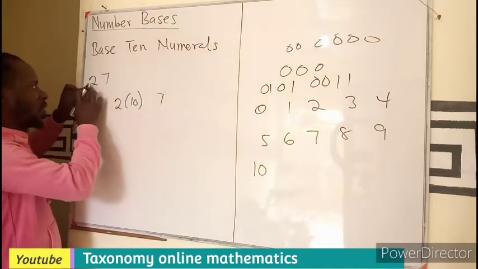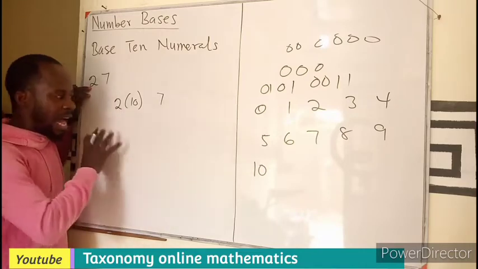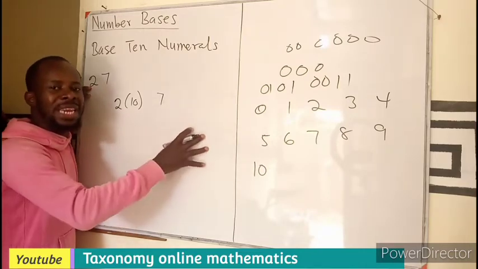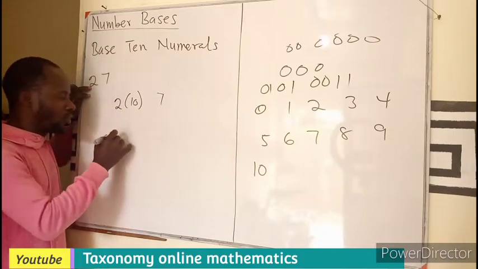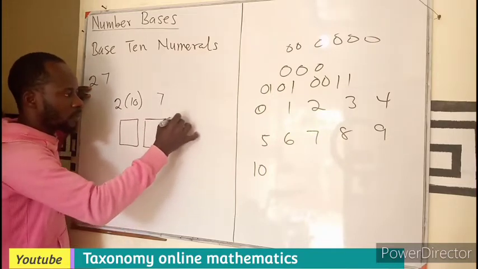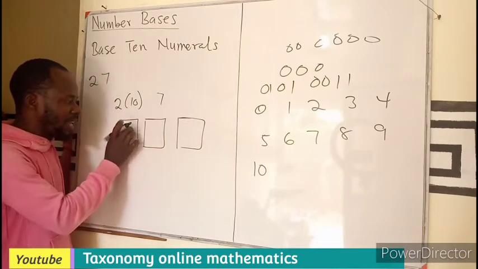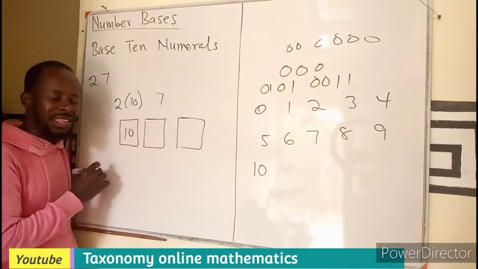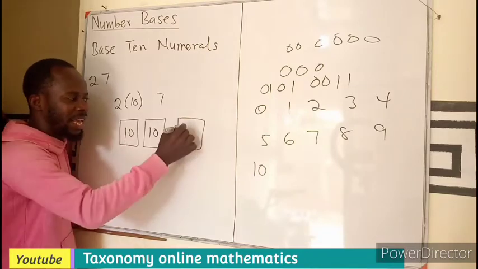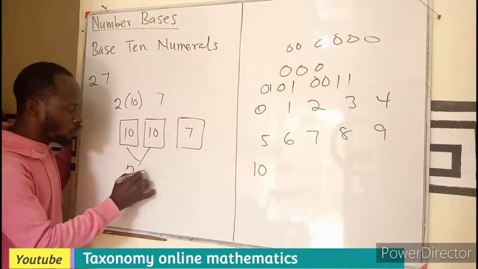If I want to represent all these by, let's say, a peanut, let's say I have 27 peanuts, I can group them into 3 groups. Why 3 groups? It means that I can put 10 of the peanuts here, I can put 10 here, and put 7.